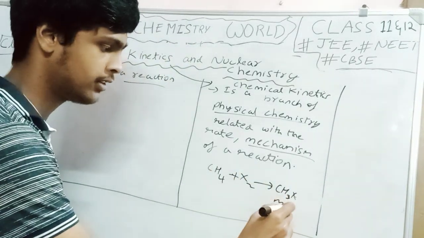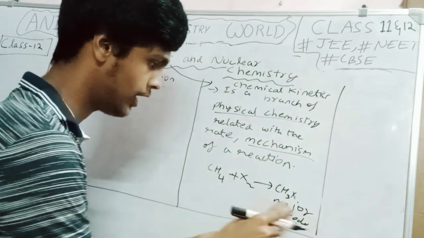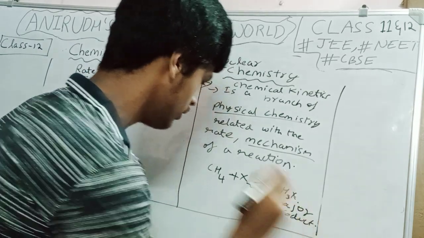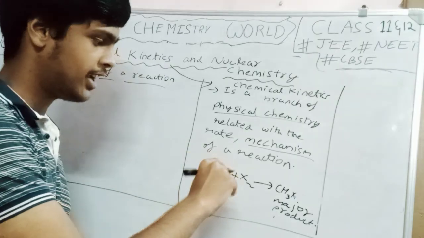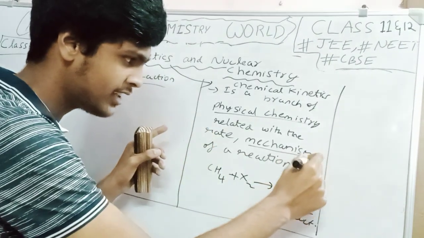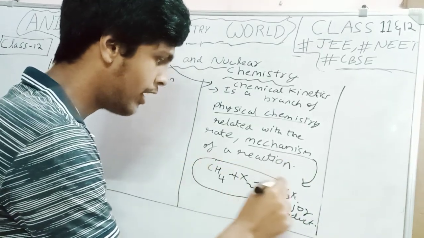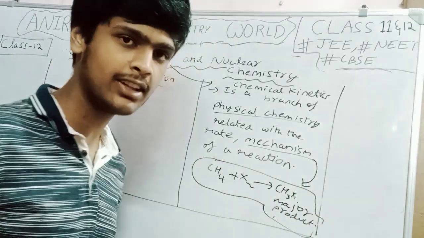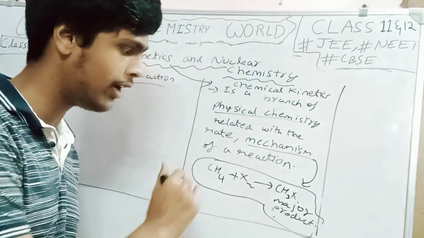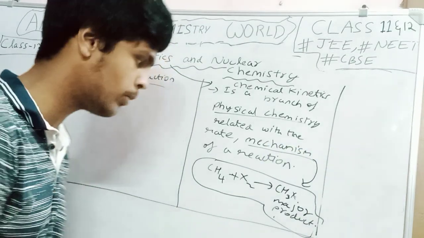This is a major product. This is a basic reaction. I am just telling this not to confuse, just to make you understand in a better way. In 11th grade, you had a chapter, General Organic Chemistry, where you heard about this mechanism. So I am just revising this concept for you.